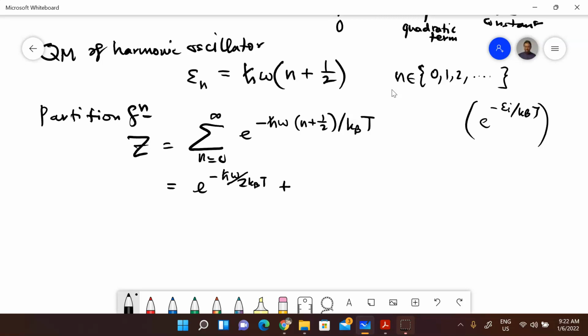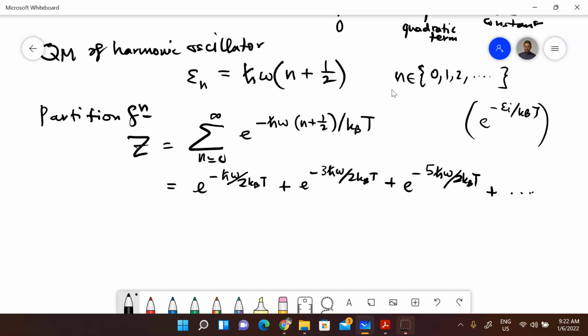And then the next term will be n equals 1, plus a half, that means 3 over 2. So 3 h bar omega on 2 kBT. The next one will be n equals 2, and that gives you 5 h bar omega on 2 kBT, and so on and so forth.